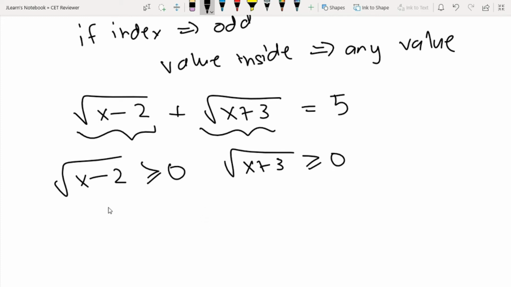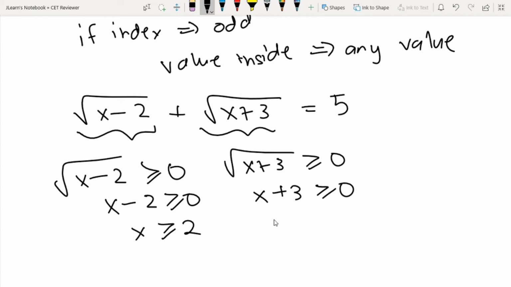Meaning, dapat x minus 2 is greater than or equal to 0 or x should be greater than or equal to 2. And then, ito naman, x plus 3 should be greater than or equal to 0. X is greater than or equal to negative 3. Okay, so now meron tayong dalawang range. Tama? Isang x is greater than or equal to 2, isang greater than or equal to negative 3.